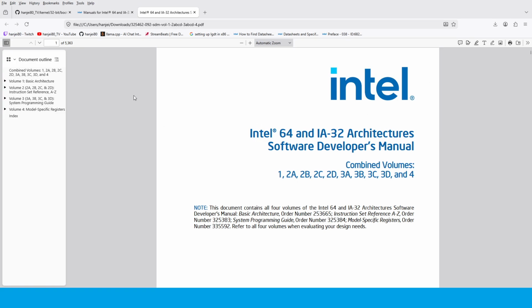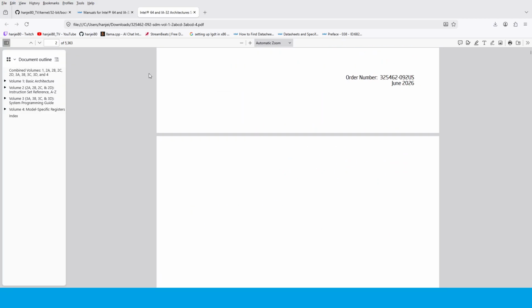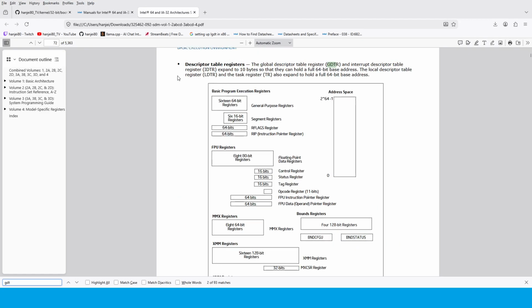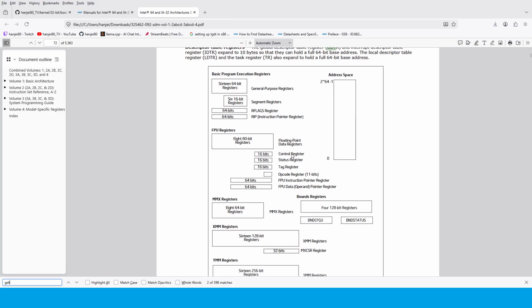Wow. Let's see if I can find GDT. GDTR. Okay, G, global descriptor table register.